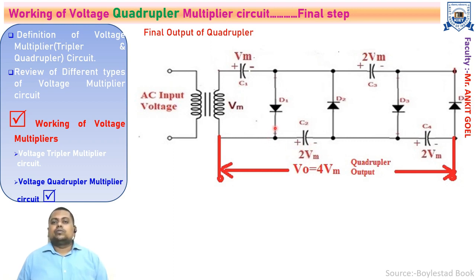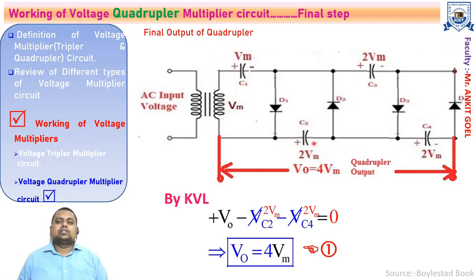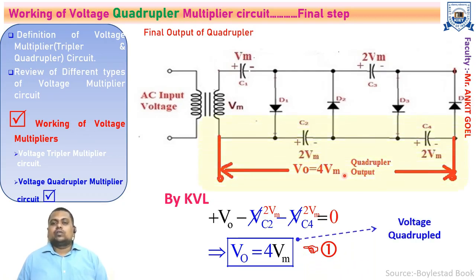So the output voltage can be found by applying the KVL across the terminals of C2 and C4 as VO minus Vc2 minus Vc4 equals 0. Now replace the values of Vc2 and Vc4 by 2Vm. So you will get the output voltage as 4 times the input peak voltage, that is 4 times Vm. So this is how the voltage is quadrupled. That's why it is called the voltage quadrupler circuit.